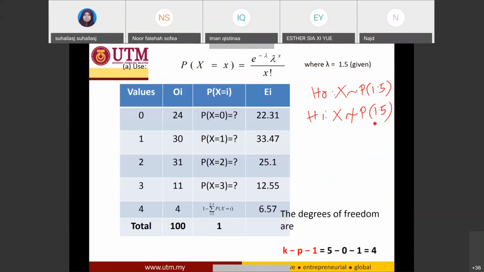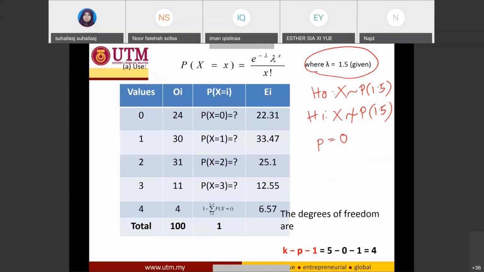Your parameter 1.5 is given, so there is no parameter to be estimated because your lambda is already given. So P is equal to 0.